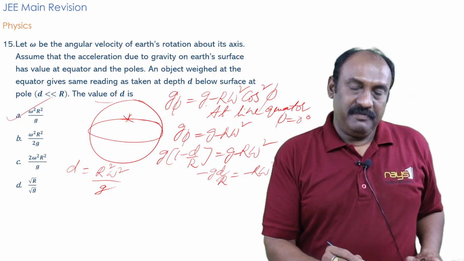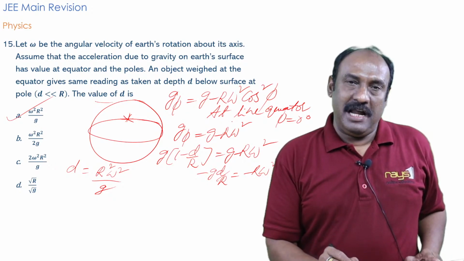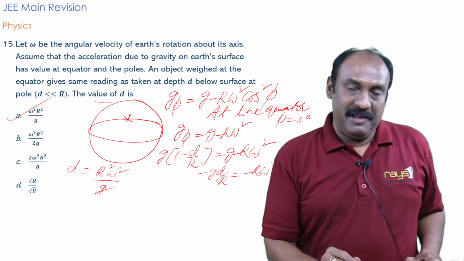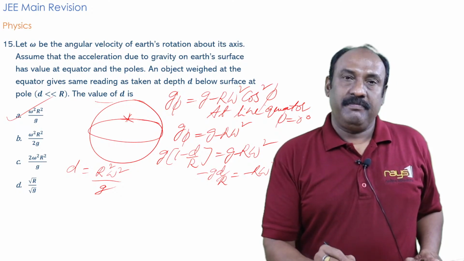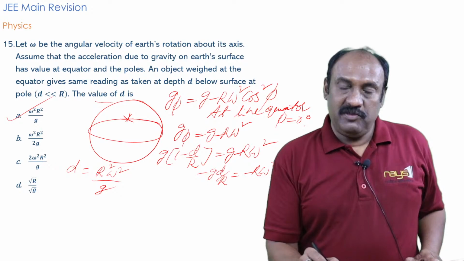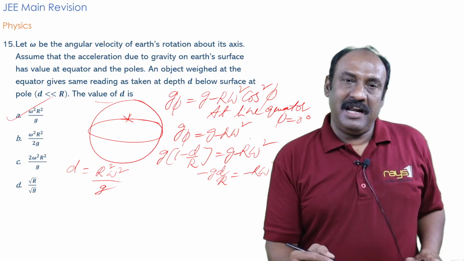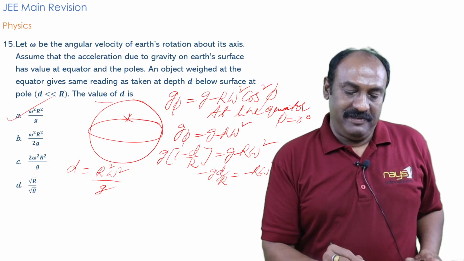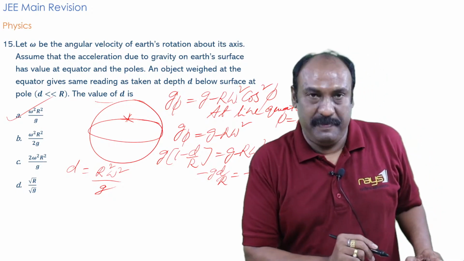Once again, what is the equation for acceleration due to gravity at a place on the line of equator? At a place on the line of equator, the phi value is equal to 0. So, at any place of angle of latitude phi, the acceleration due to gravity is g minus r omega square into cos square phi.